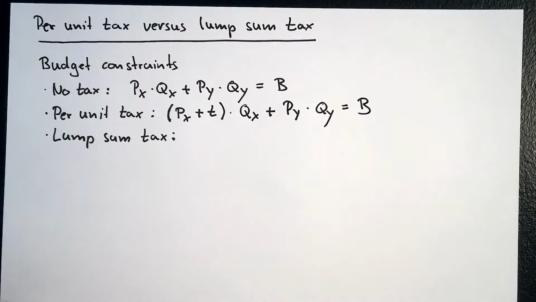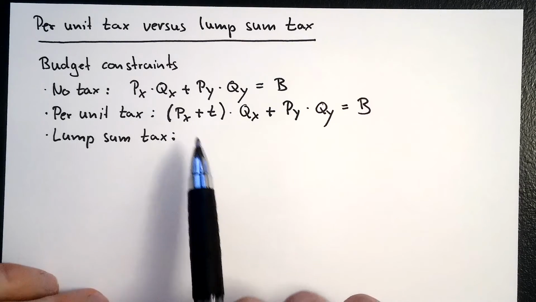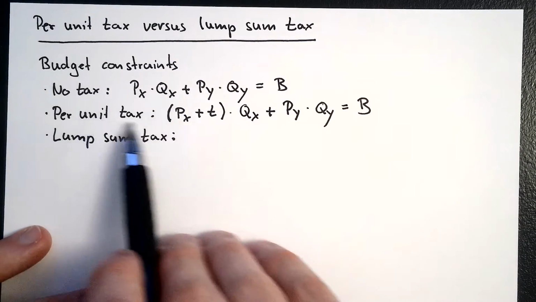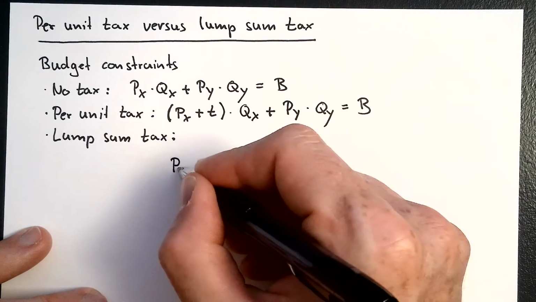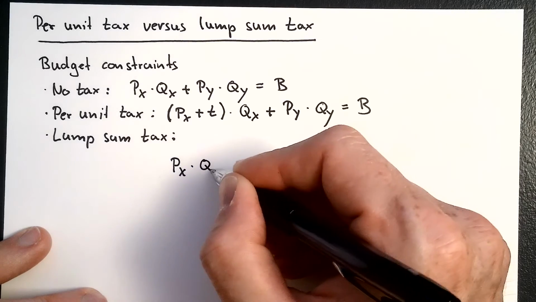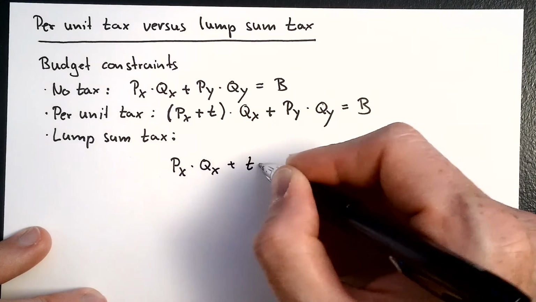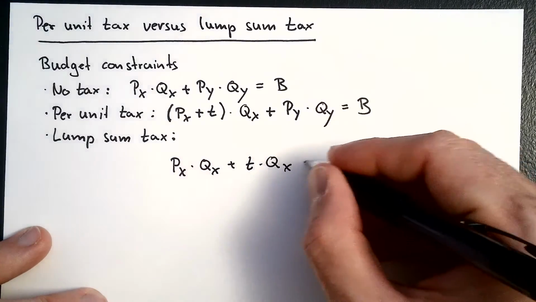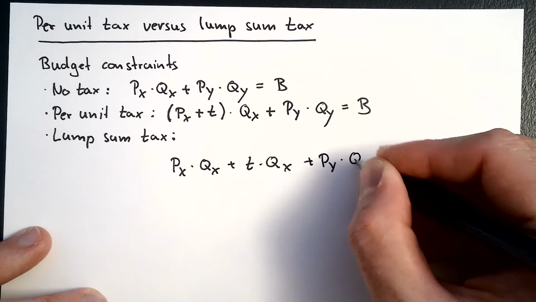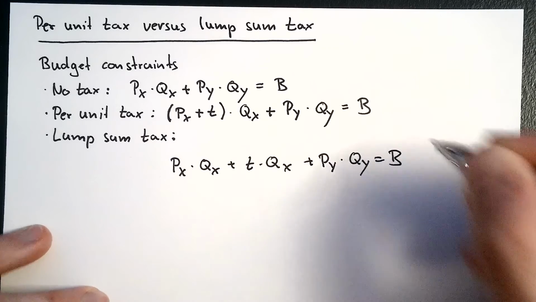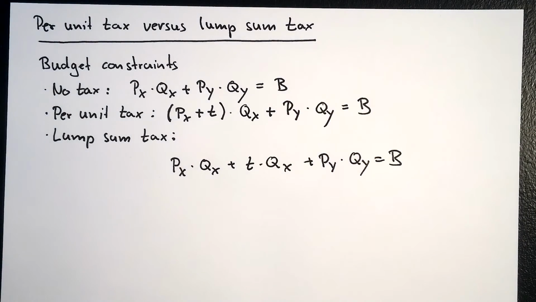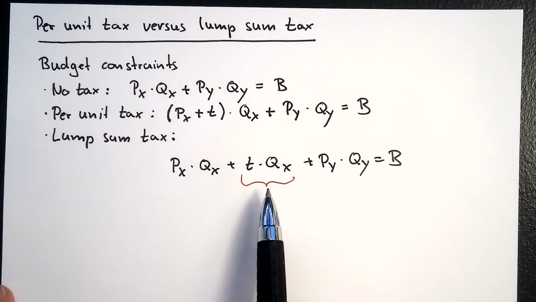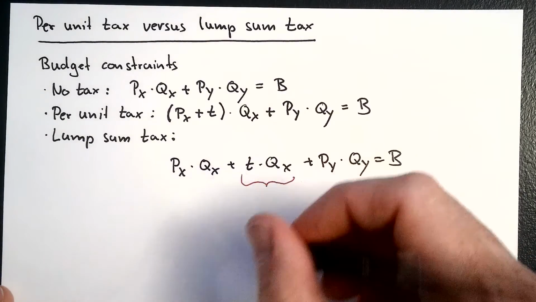Now note that for the lump sum tax, the amount of the lump sum tax is going to be equal to t times Qx. So what this means is that our tax revenue is going to be exactly the same amount as the per unit tax revenue.